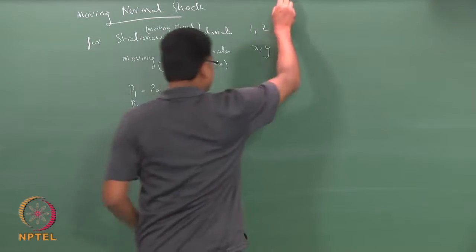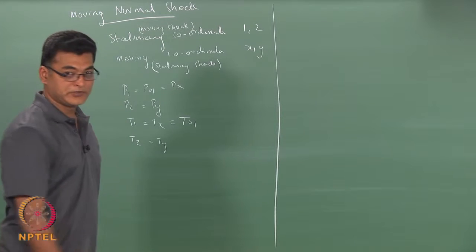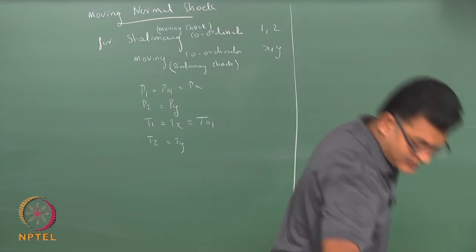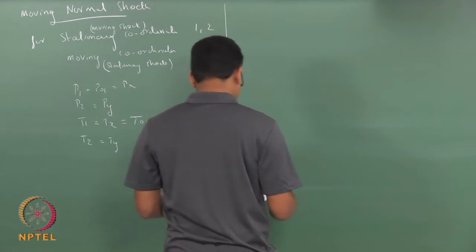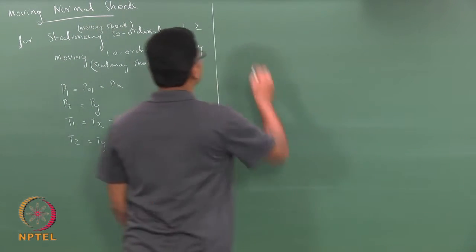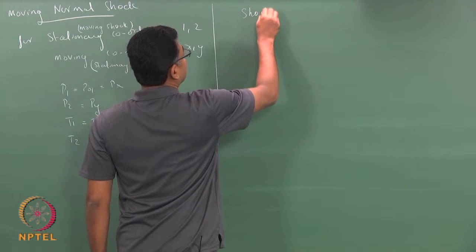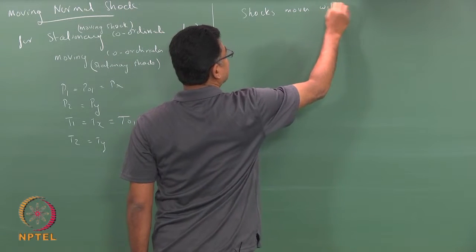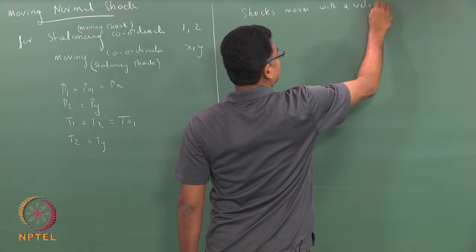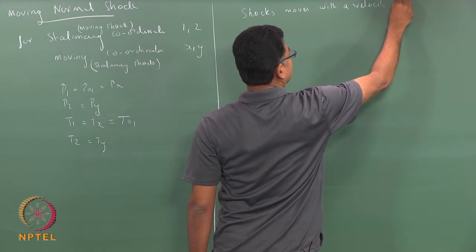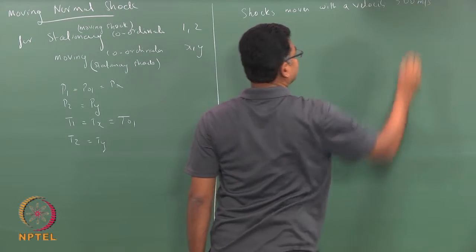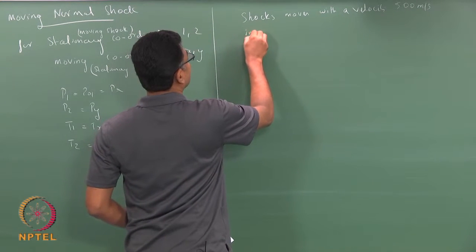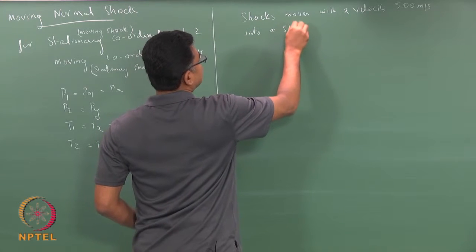So now we will understand the problem better if we do a numerical problem. I have a problem here where a shock moves with velocity, let us take 500 meters per second, into a still air.